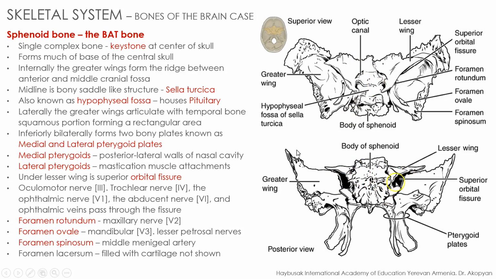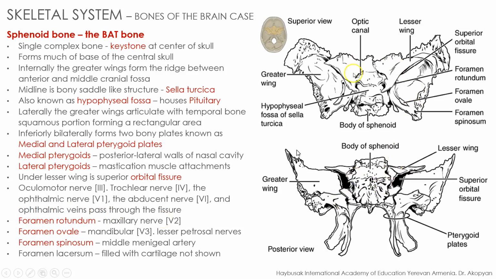The superior orbital fissure serves as the passageway for the nerves that innervate the muscles of the eyes, which include the oculomotor nerve, the 3rd cranial nerve, the 4th cranial nerve, which is the trochlear nerve, the 6th cranial nerve, abducens, and the 1st branch, the ophthalmic nerve, of the trigeminal nerve. Through the superior orbital fissure also pass the ophthalmic veins.